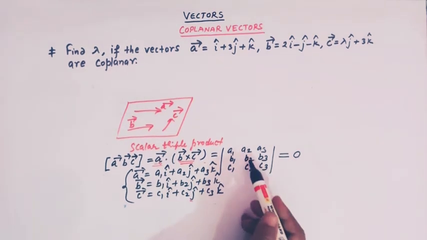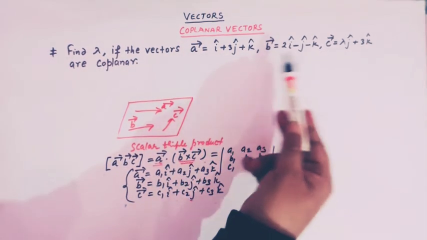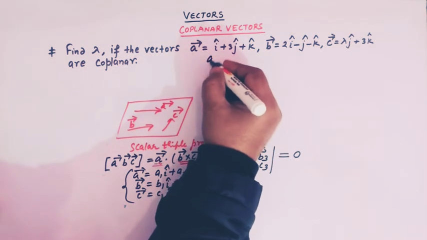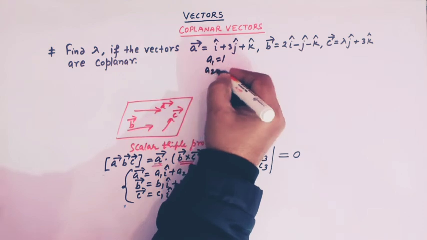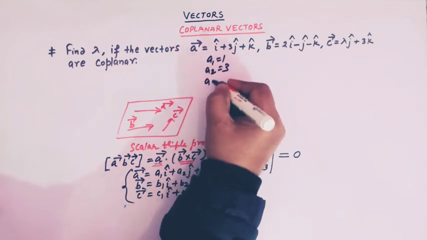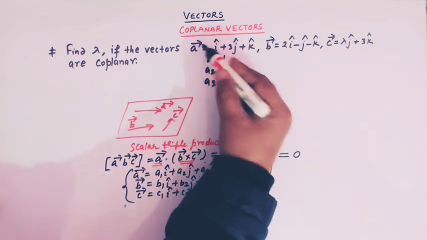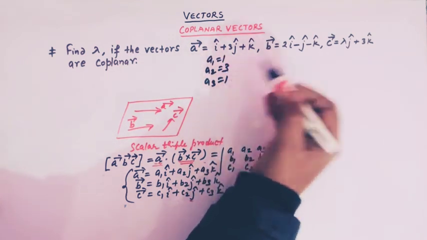So now here, for the coplanarity of three vectors, the determinant should be 0. So now A1 is 1, A2 is 3 and A3 is 1, right? So the components of vector A are 1, 3 and 1.